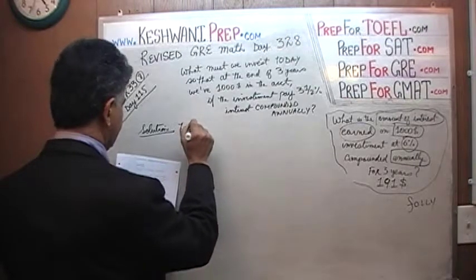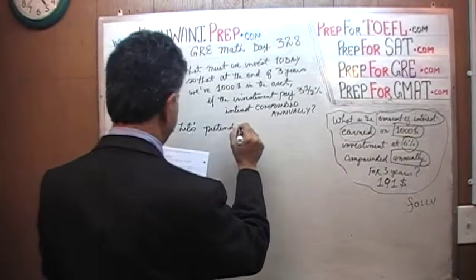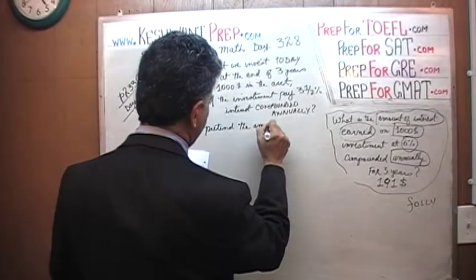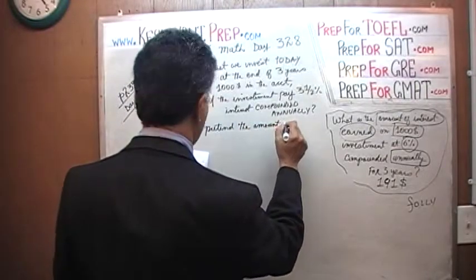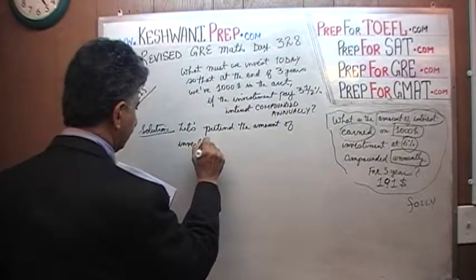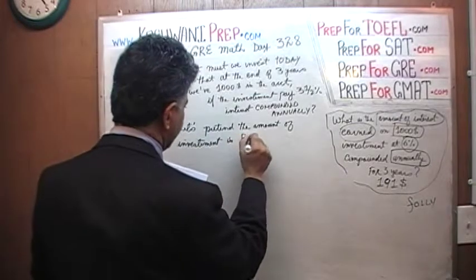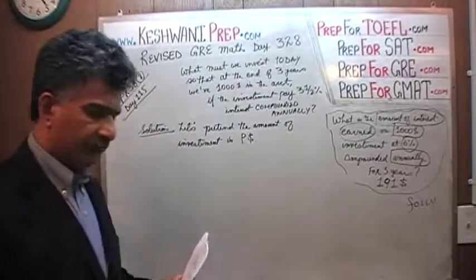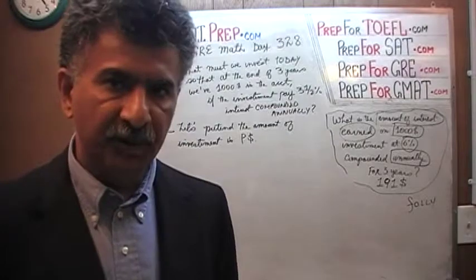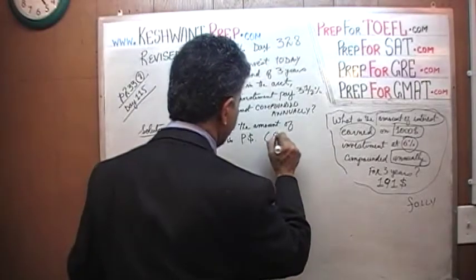Let's pretend the amount of investment is $P. Traditionally, we use letter P for the unknown quantity that you start out with, which represents the principal.